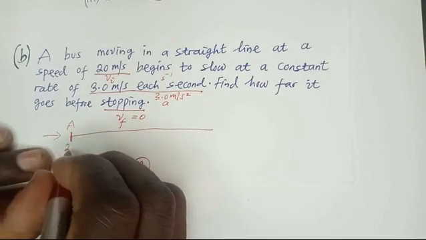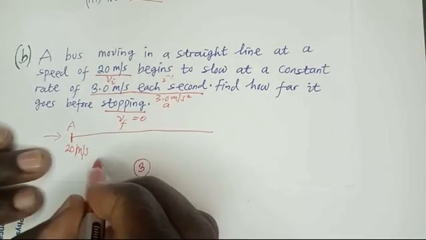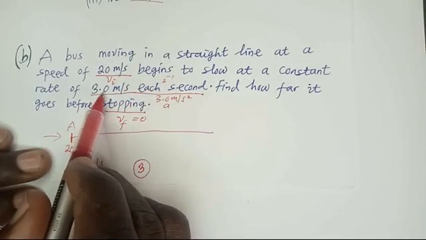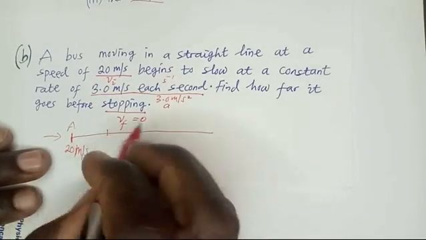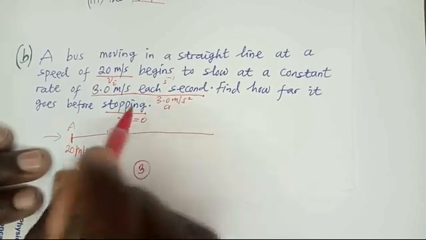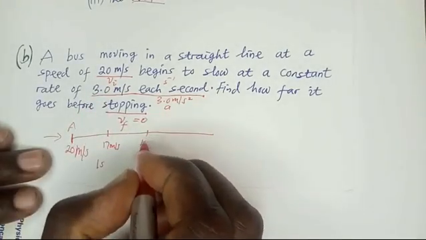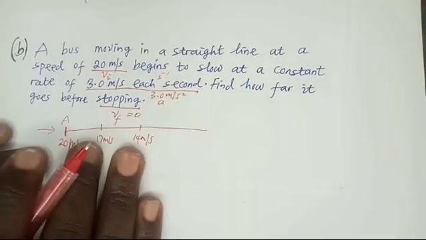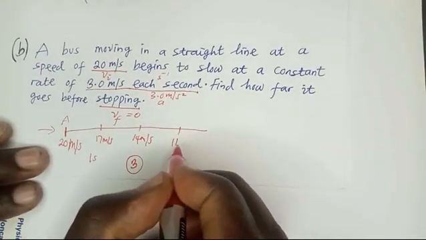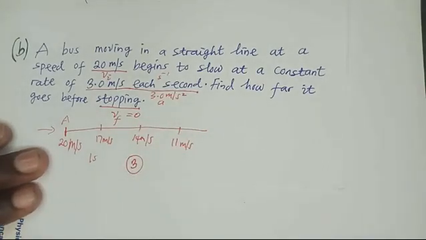So at this point, its velocity was 20 meters per second. 1 second later, the velocity drops by 3.0 meters per second, and it becomes 17 meters per second. 1 second later, this 17 will drop by 3 and it becomes 14 meters per second. 1 second later, this 14 will drop again by 3 and it becomes 11 meters per second, again and again until it stops.